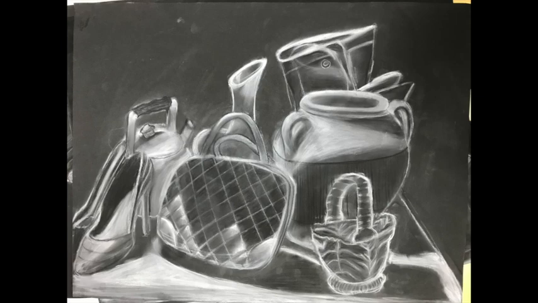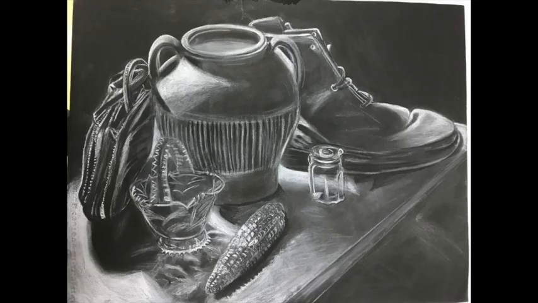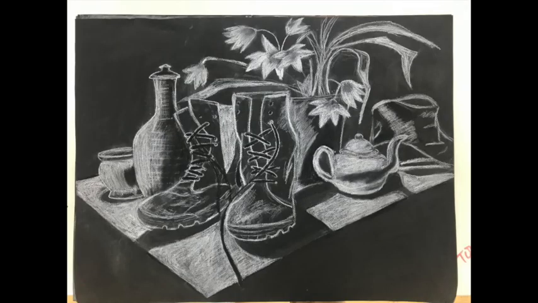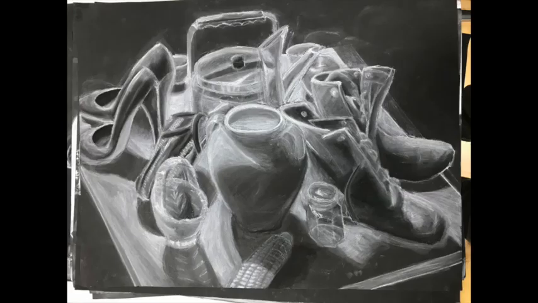Also, think about how you're going to light your objects, from which direction, but also think about choosing one intense direct light hitting one side of your object so that it's more dramatic.